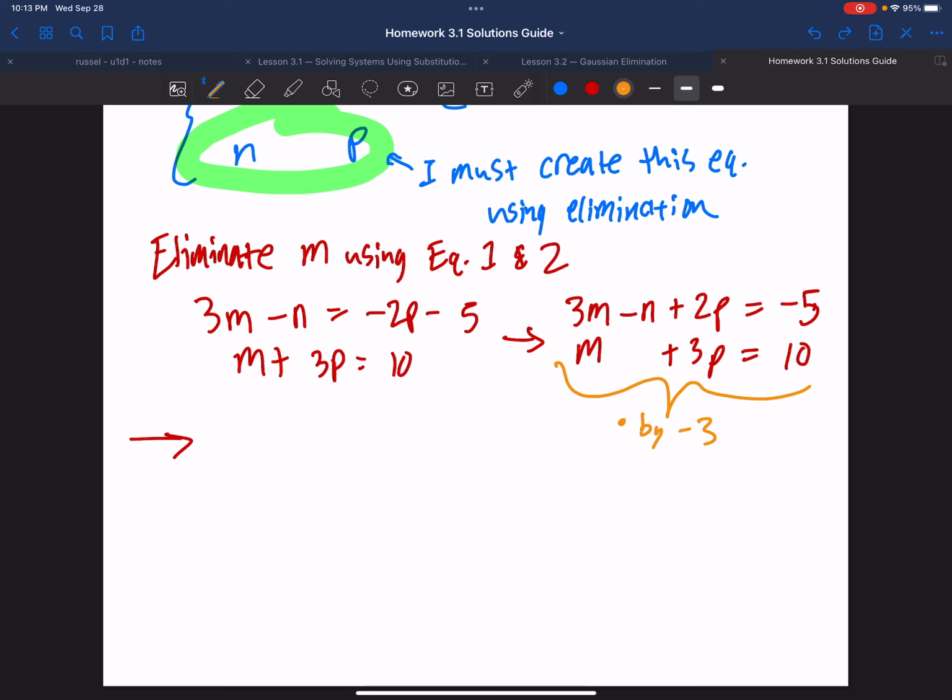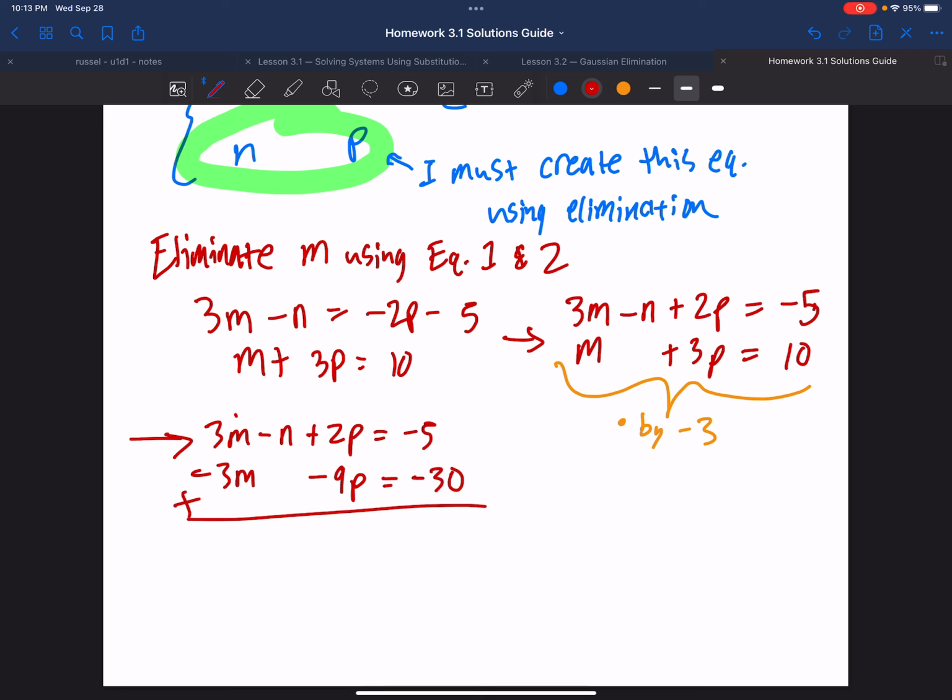So this way I get 3m minus n plus 2p equals negative 5. And on bottom I get negative 3m minus 9p equals negative 30. Add those. Canceled. I get negative 7p equals negative 35. All right.